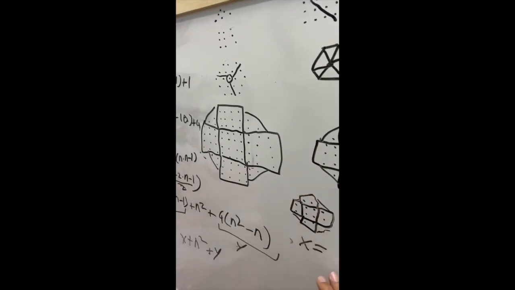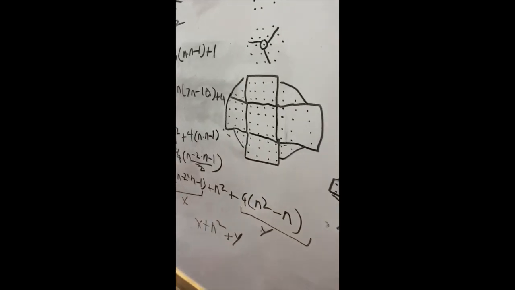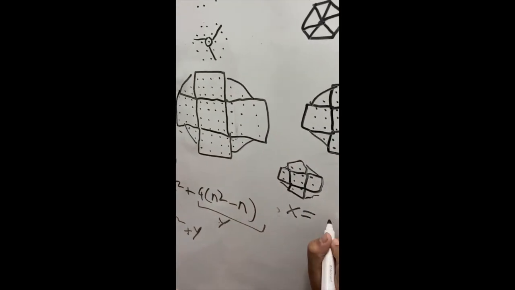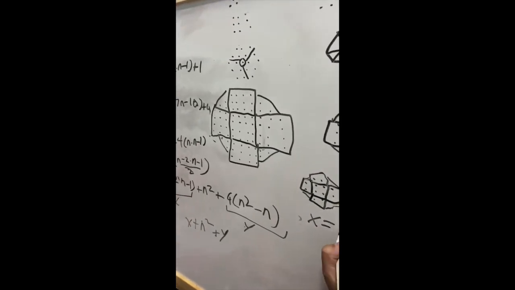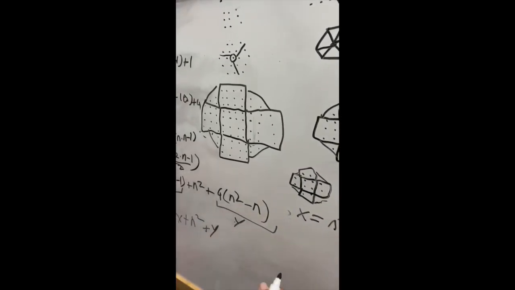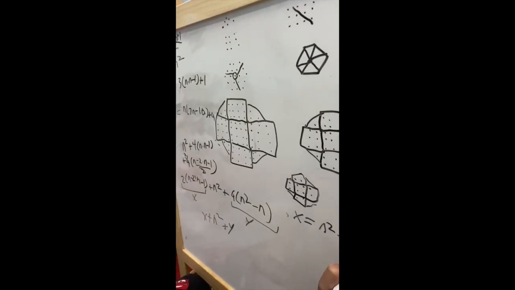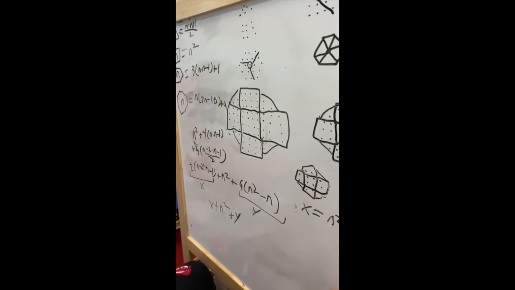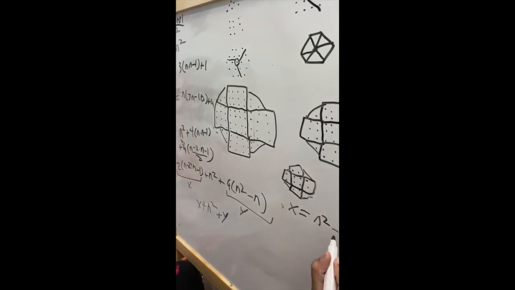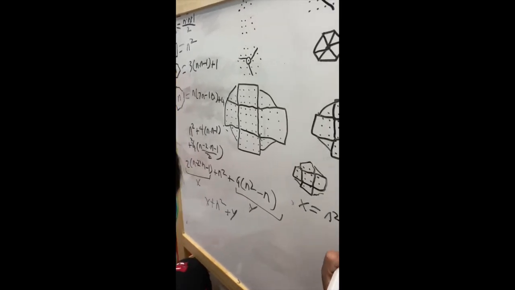X is equal to, so we have n squared, so n times n is n squared, minus 2 times n is minus 2n, and n times minus 1 is minus 1n or minus n. So minus 2n minus 1n is minus 3n.